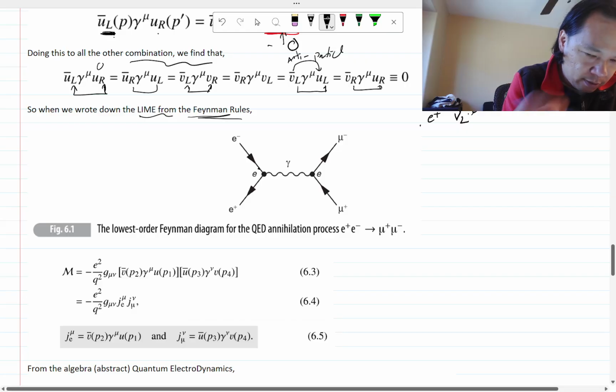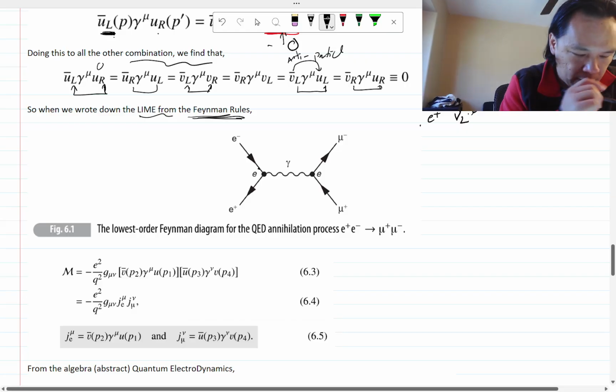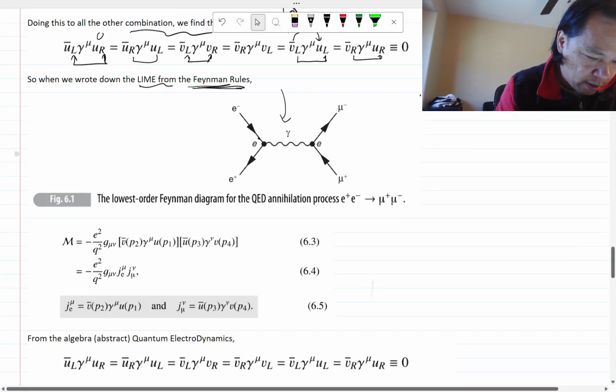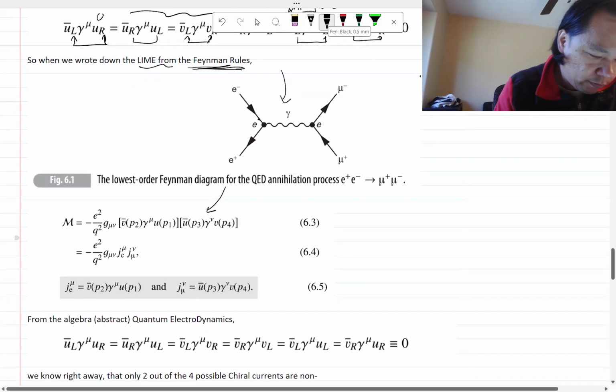I want to make this connection back to section 6.2. When we did this calculation in 6.2, we drew the Feynman diagram, and then using the Feynman rules from chapter 5, we were able to write down all these different currents.